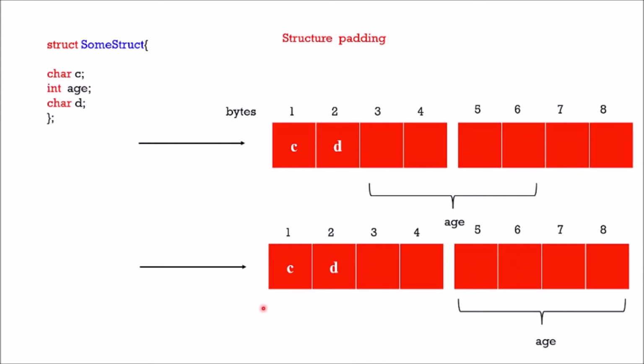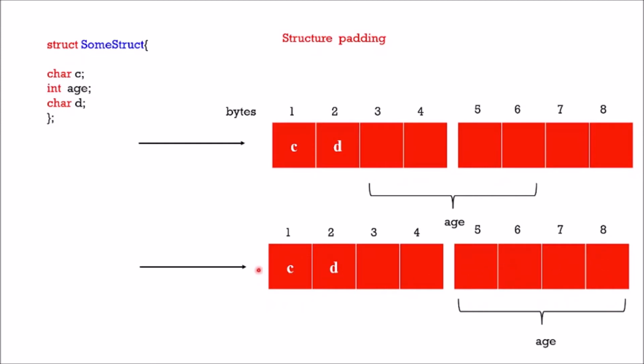So what it will do in real life is actually organize the data as follows. It will have character C and D here, then it will leave a space, and it will place the entire integer age in just one single area of memory of 4 bytes.